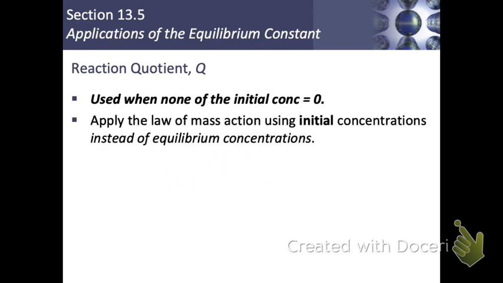But when we're solving it, we use the initial concentrations instead of the equilibrium concentrations. So when I'm solving for Q, I would write it out like this. Let me give you a full example. Let's write out aA plus bB yields cC plus dD.